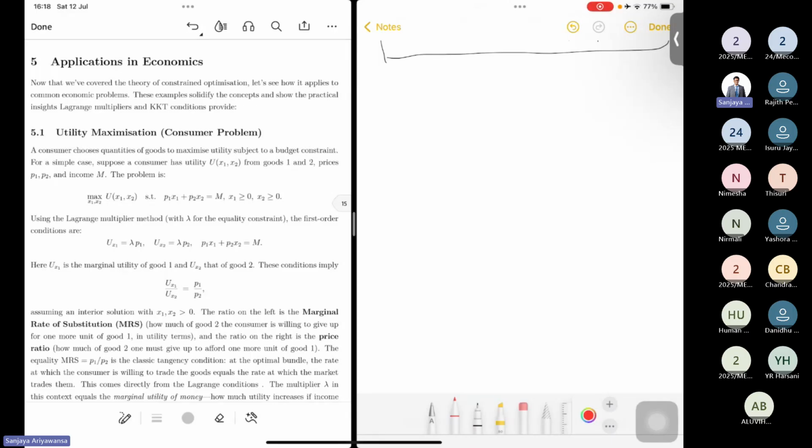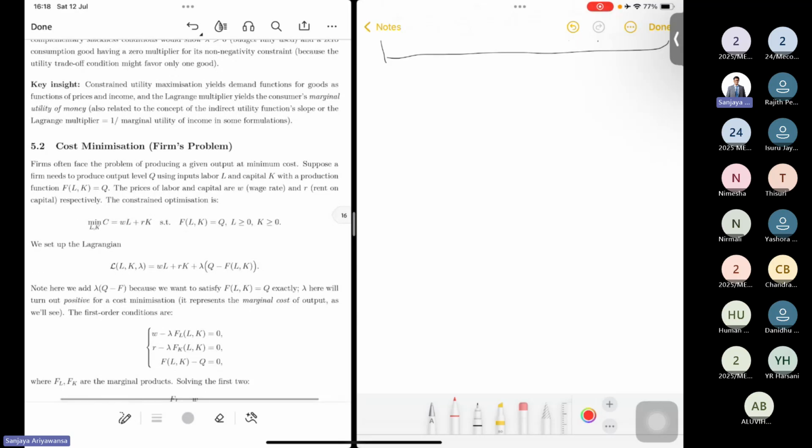Then I come to the Lagrangian multiplier and some applications where, like I said before, we've been looking at utility maximization, which is a consumer problem where you are trying to maximize utility subject to, let's say, a budget constraint. Another application is a firm trying to minimize their costs, subject to given inputs in terms of labor and capital.